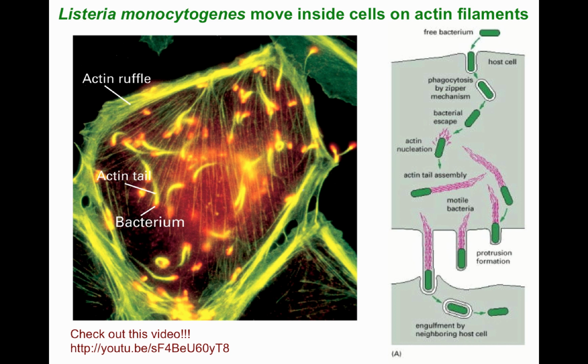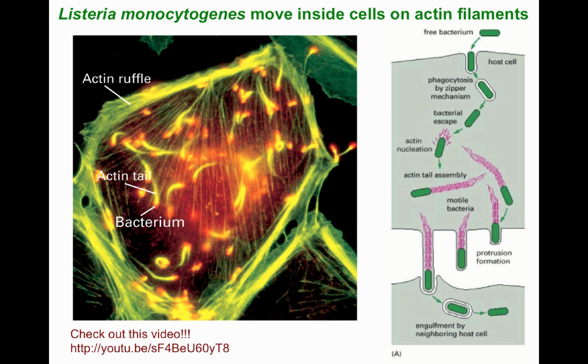And this is what the bacterium Listeria monocytogenes has done to propel itself inside a host cell. This bacterium can infect a host cell through a mechanism of phagocytosis, and then is able to escape the phagosome and be free inside the cytoplasm.